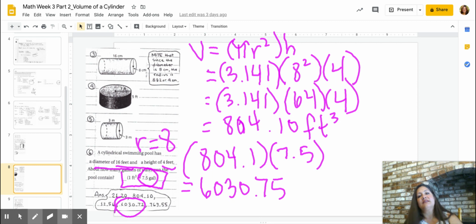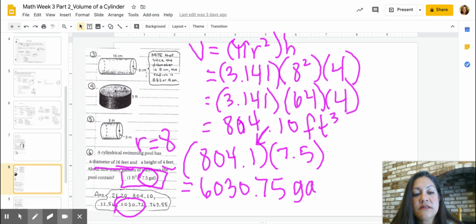My assumption is that the answer key did not round this to 804.10, but that's fine. And this is going to be, there's our label, gallons. Because the question was how many gallons can fit into this pool. Okay, so there we go.